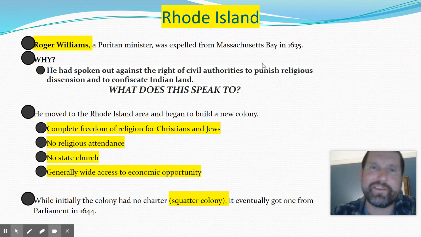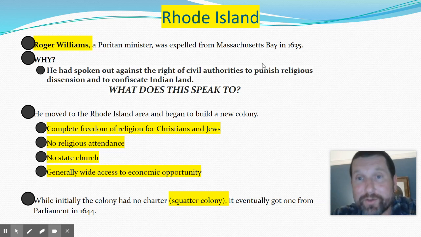Rhode Island is an interesting one. Rhode Island is founded by a guy by the name of Roger Williams, who was expelled from Massachusetts colony because he had spoken out against the government punishing religious dissent. And he doesn't think that the government has a right to confiscate Indian land. And he's tossed out of Massachusetts Bay Colony for those beliefs.